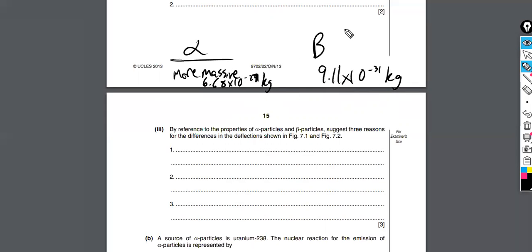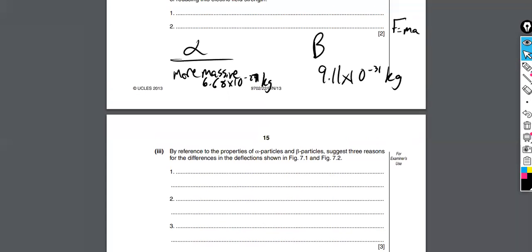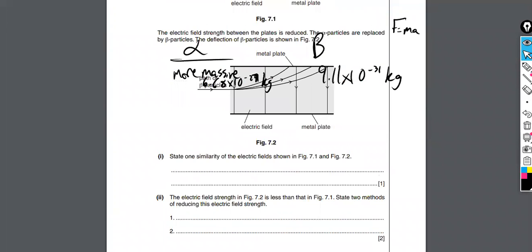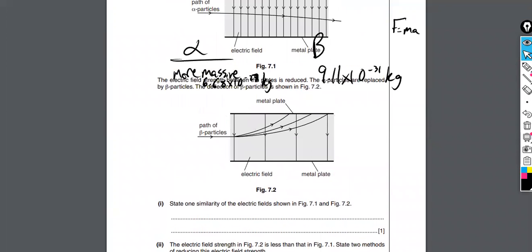It's not going to be deflected as much, as per Newton's second law of motion. More massive things don't get accelerated as much. The force is the same. Oh, wait a minute. What else are we forgetting? We decreased the strength of the field here too, so there's less force acting on it.